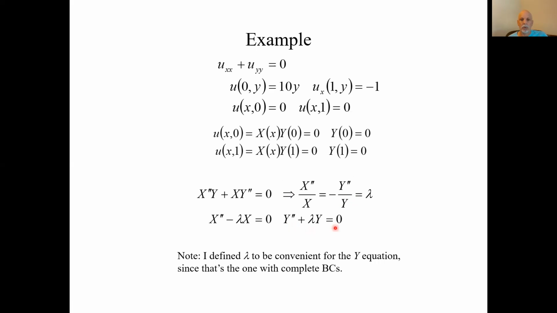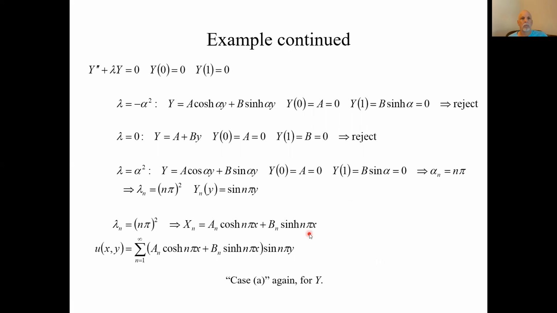So now let's go through the y example. Here's the y equation, ordinary differential equation with its boundary conditions. Here I go through the entire eigenvalue problem, but it is just case A that we've already solved, at least twice already.